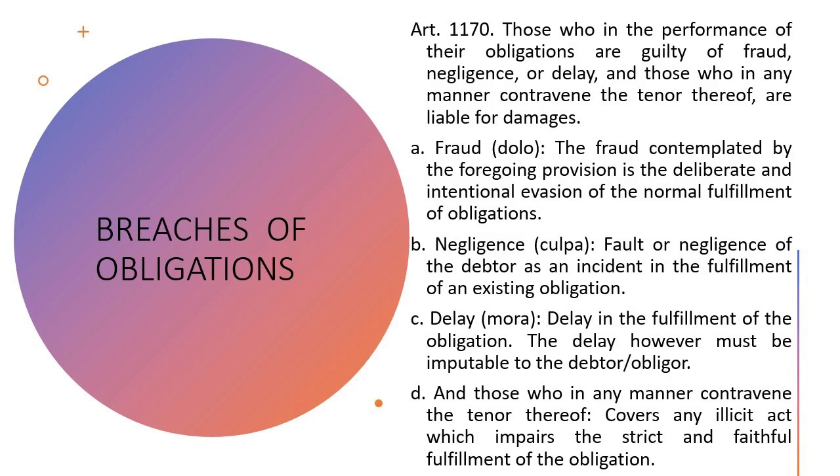C. Delay or mora. Delay in the fulfillment of the obligation. The delay, however, must be imputable to the debtor or obligor. And D. Those who in any manner contravene the tenor thereof, covers any illicit act which impairs the strict and faithful fulfillment of the obligation.